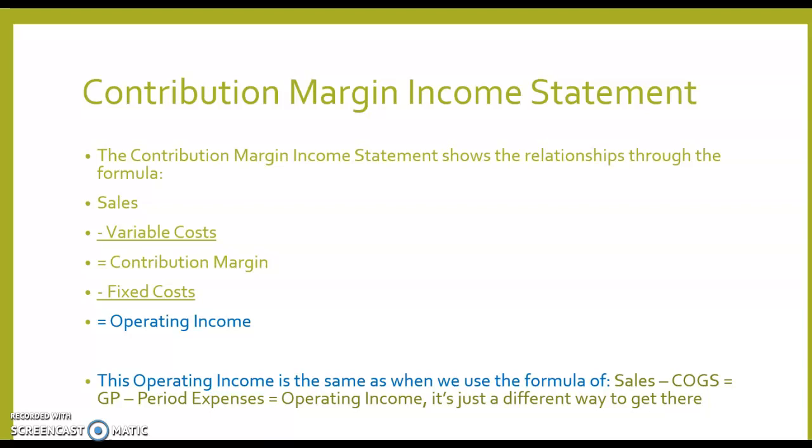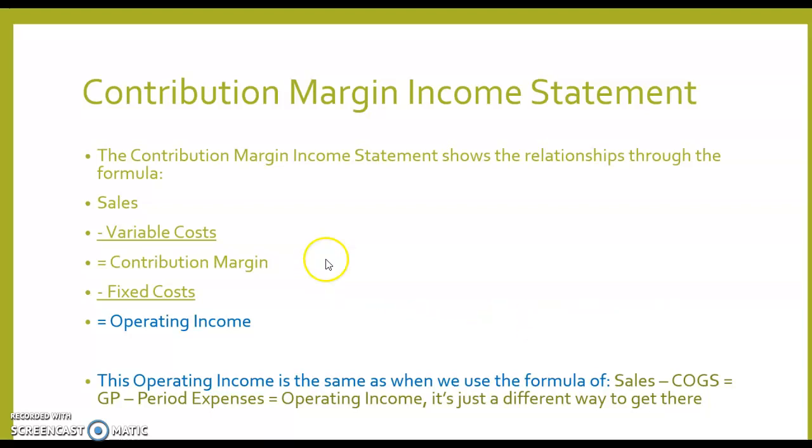Cost of goods sold includes all the costs of making the product. Some of them are variable and some of them are fixed. Whereas for management, we want to separate out the variable and the fixed. We learned in the previous module of this class how to do that if you had mixed costs, how to divide them out into just variable and just fixed.